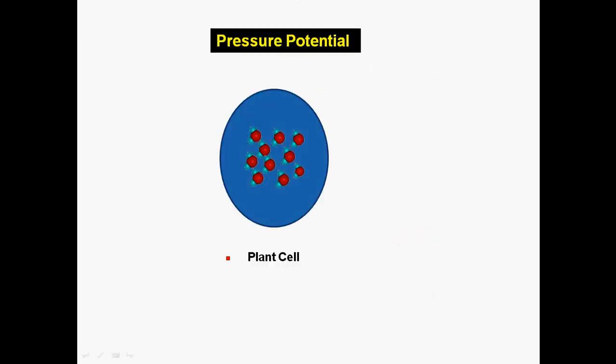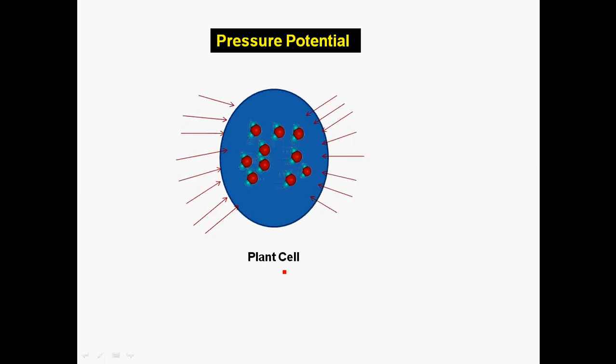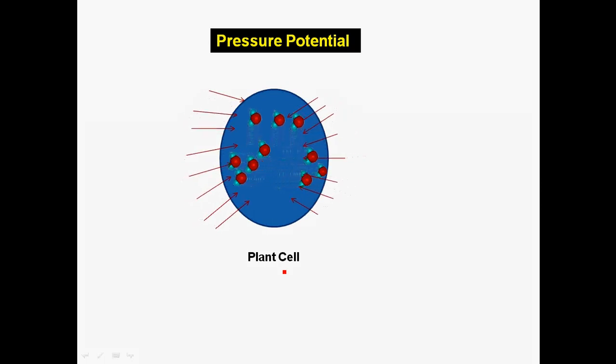The other is the pressure potential. Pressure potential means that when water is inside the plant cell, the water itself is in movement and exerts pressure outward. But because of the cell wall, there is also an inward pressure, so water cannot go beyond that.